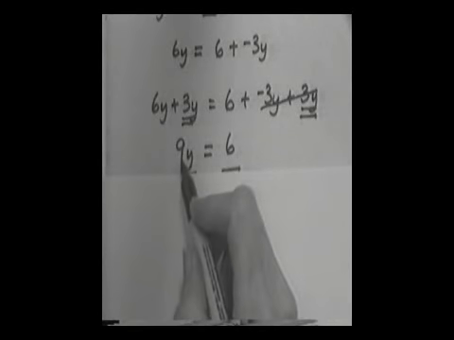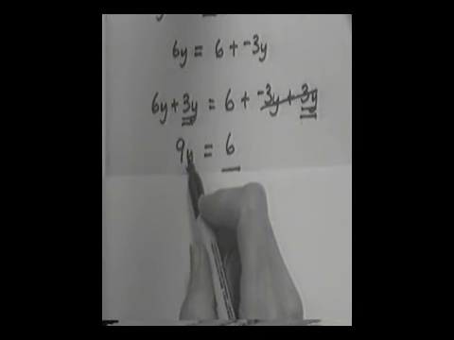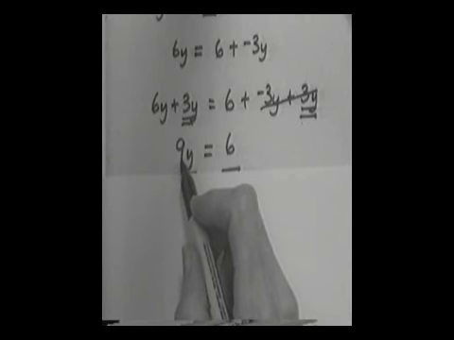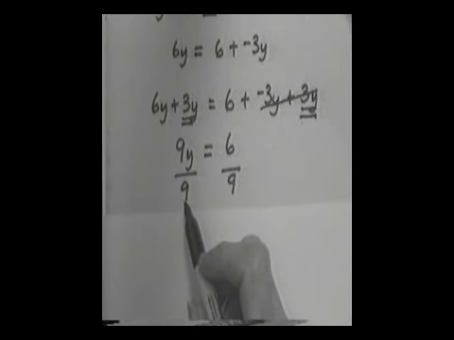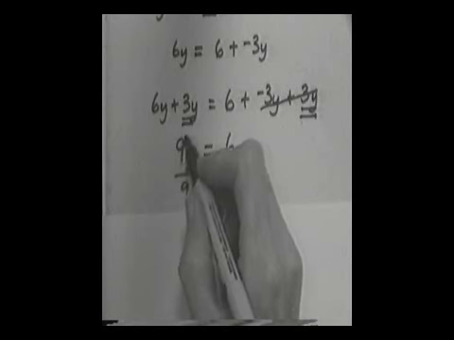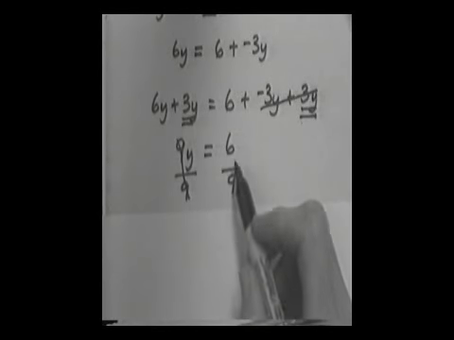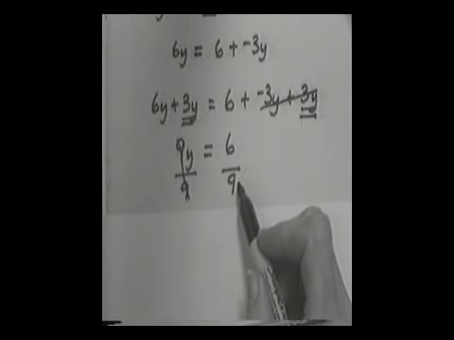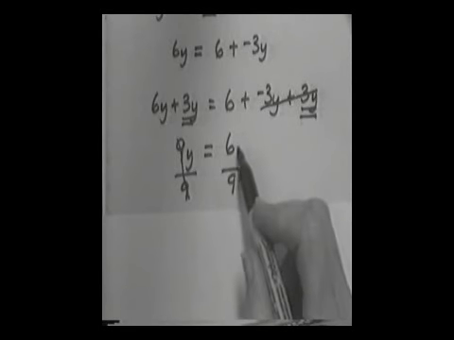To eliminate this coefficient that's multiplied by y, we divide by exactly the same thing, which is 9, so that the 9's will cancel. On the right side we have 6 divided by 9. That leaves us y equals 6 over 9, which reduces to 2/3. And so we get y equals 2/3.